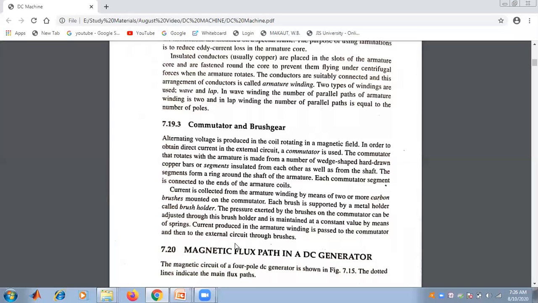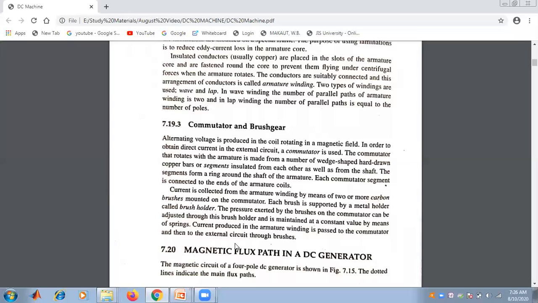Current is collected from the armature winding by means of two or more carbon brushes that are mounted on the commutator. Each brush is supported by a metal holder called a brush holder.